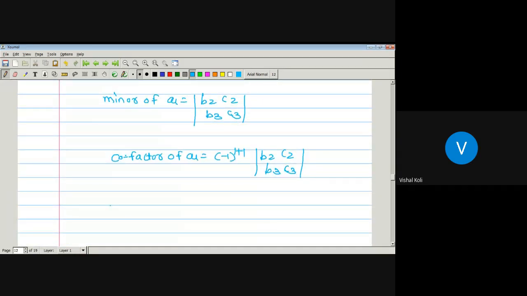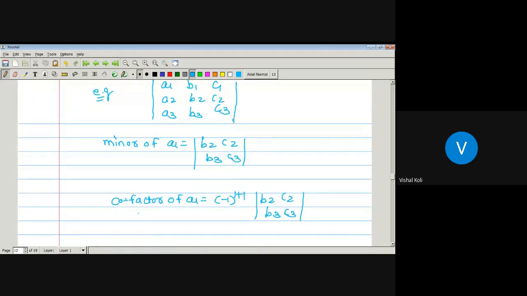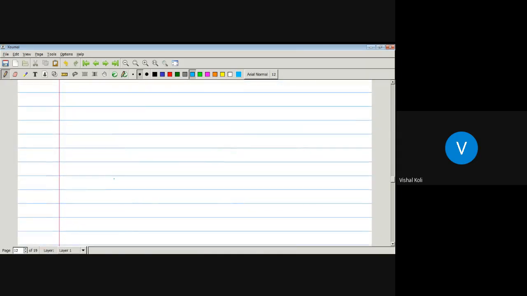Okay. Similarly, suppose we have to find out the cofactor of B2. Cofactor of B2 is equal to, B2 is present in second row and second column, then -1 to the power 2 plus 2 into minor of B2, which is -1 to the power 4.